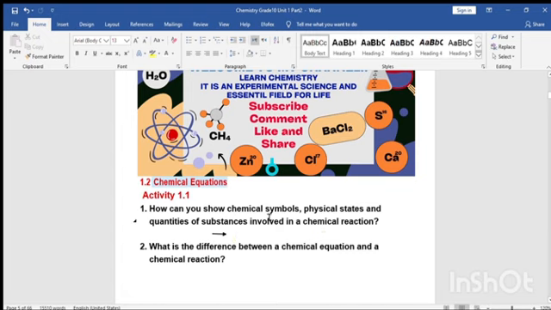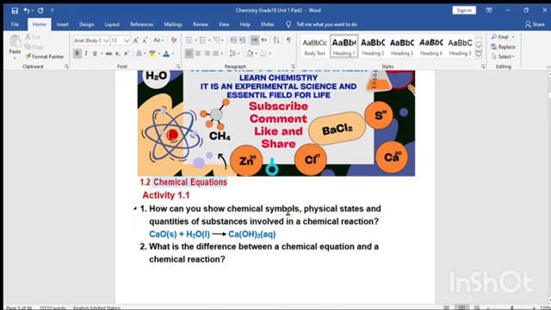reaction? Okay. If there is a chemical equation written here, for example, I am going to write a chemical equation. Calcium oxide, (s) in brackets means it is solid. H2O, this is liquid, (l). Calcium hydroxide is an aqueous solution.